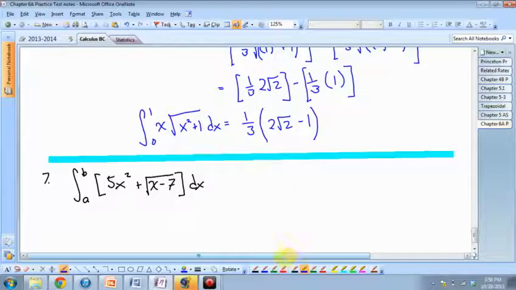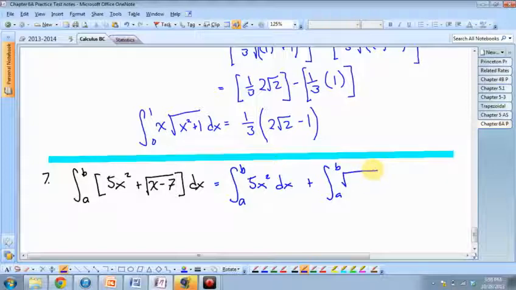And I think my strategy here is going to be to separate this into two integrals. So integral 1, a to b of 5x squared dx, plus integral 2, a to b of root x minus 7 dx.